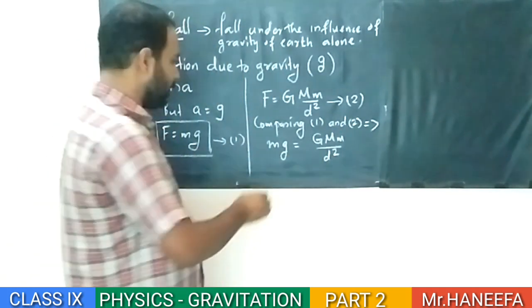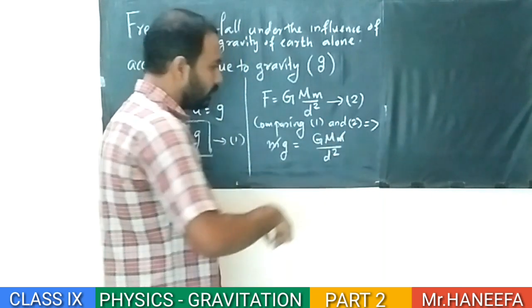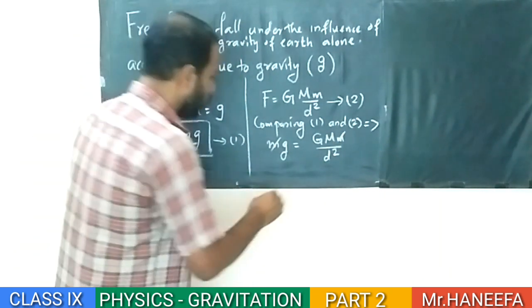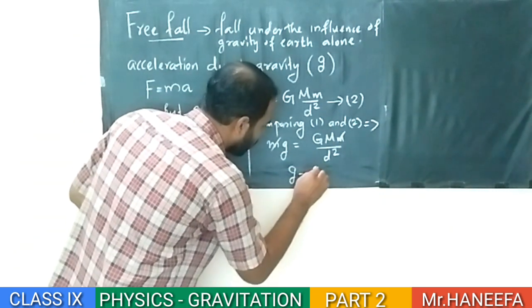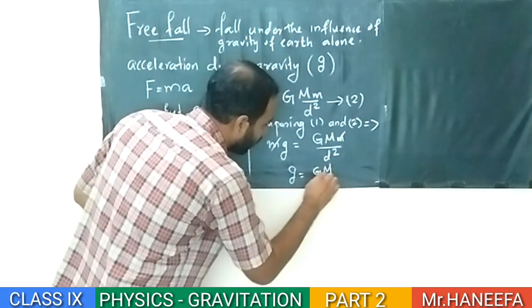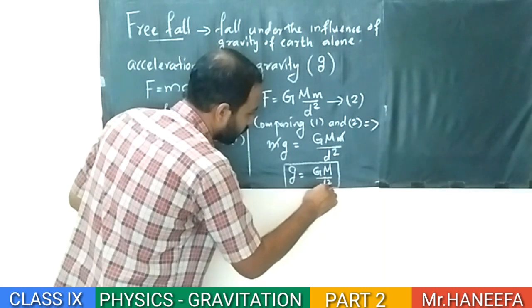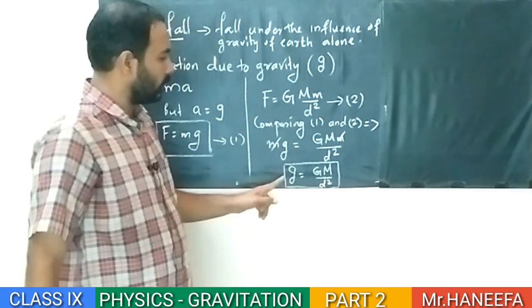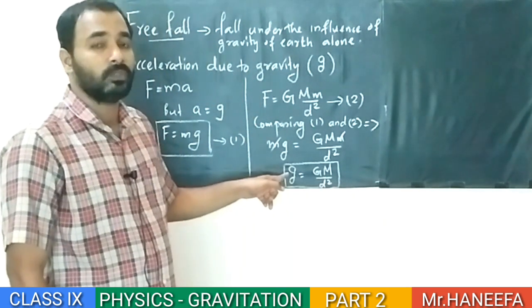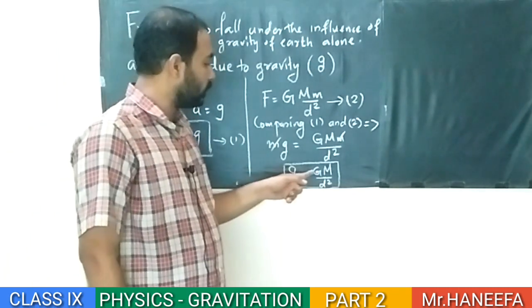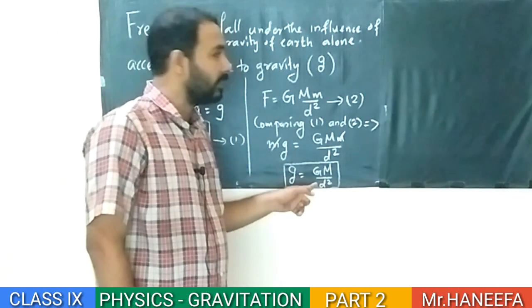On both sides, small letter m cancels. So we get g equal to GM by d square. g equal to acceleration due to gravity. g equal to GM by d square.